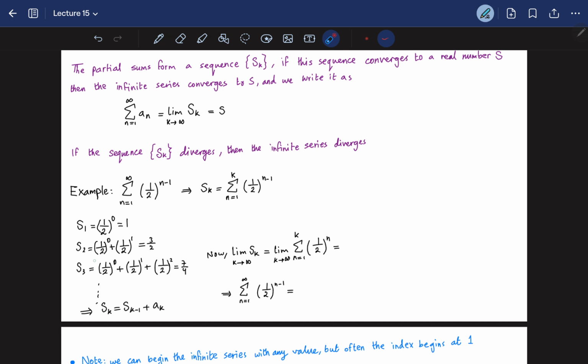S2, you're adding a1, then a2. So you're going to have 1 plus 1/2, so that's 3/2. Then S3, you're adding a1 plus a2 plus a3. Once you simplify, you're going to get 7/4. Now, if we're taking the limit of S_k, we're taking the limit of this series.